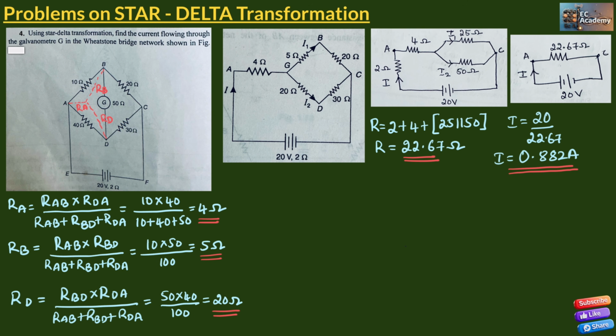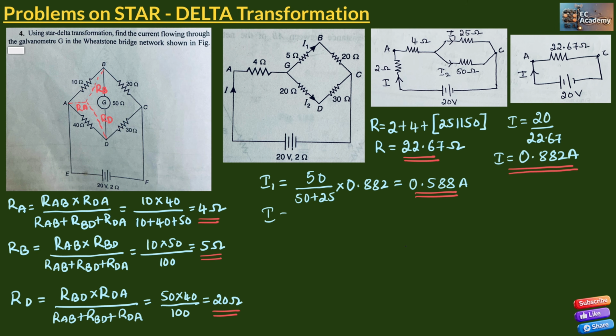So we can say the current I1 will be equal to the resistor in the other branch divided by the sum of the resistances multiplied with the source current, which is 0.882. So the current I1 will be equal to 0.588 amperes.